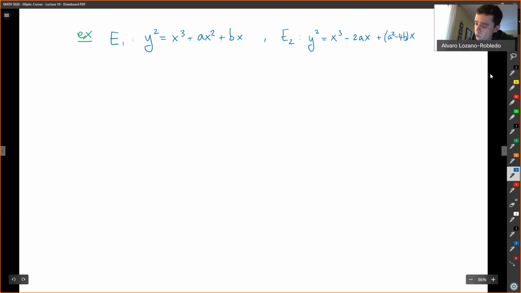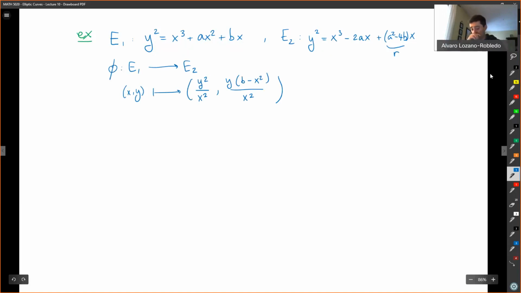And this quantity, I'm going to call it R. Then it turns out there is a map from E1 to E2 that sends (x, y) to (y squared over x squared, comma, y times (b minus x squared) over x squared).